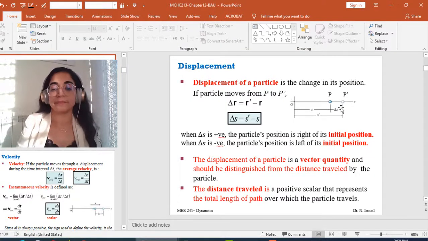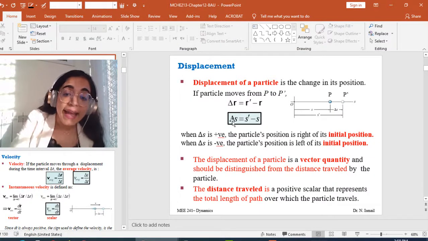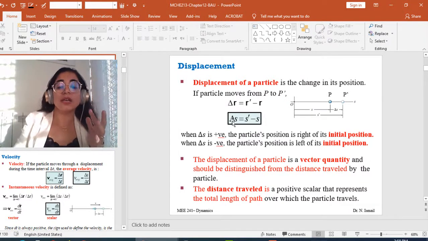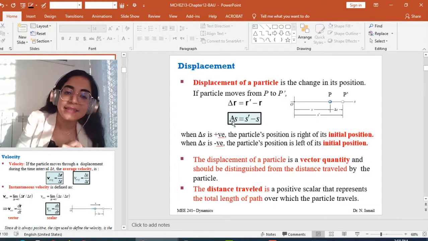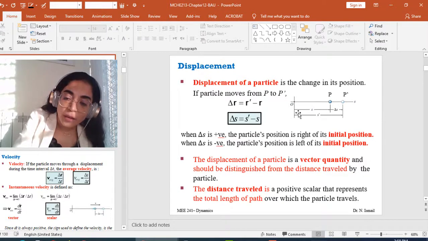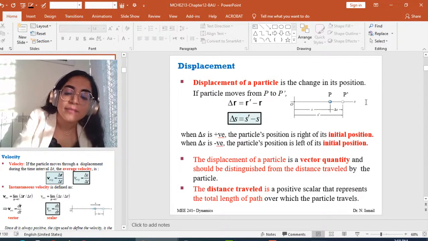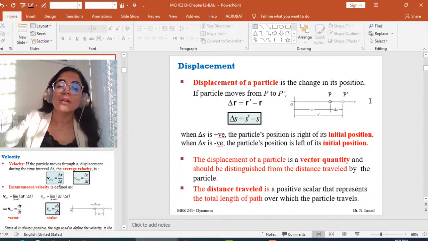Now, delta S is positive if S prime is greater than S, which means the particle is moving to the right side.